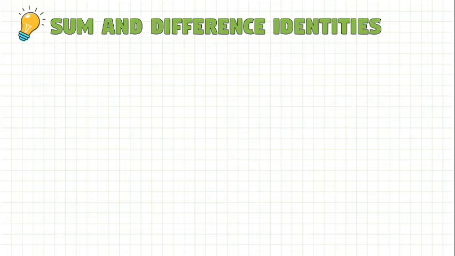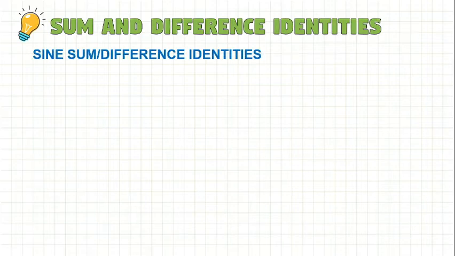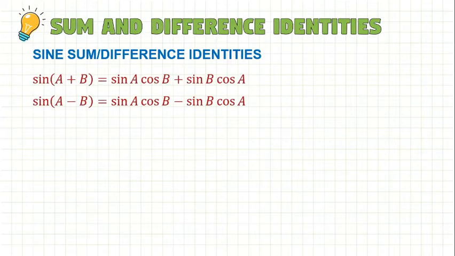So first, let's have the sine. Sine sum or difference identities. For sum, we will have sine of a plus b is equal to sine a cosine b plus sine b cosine a.